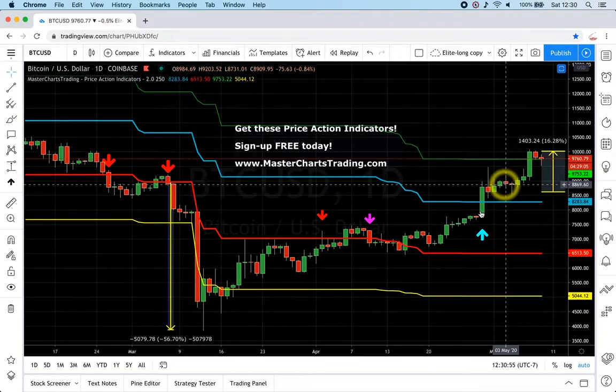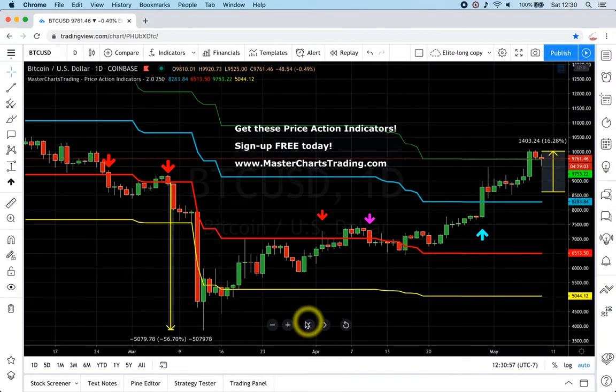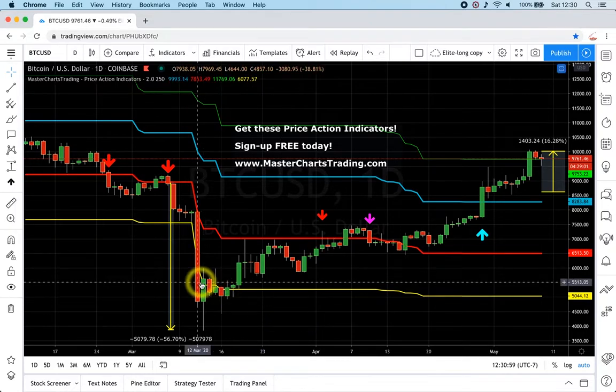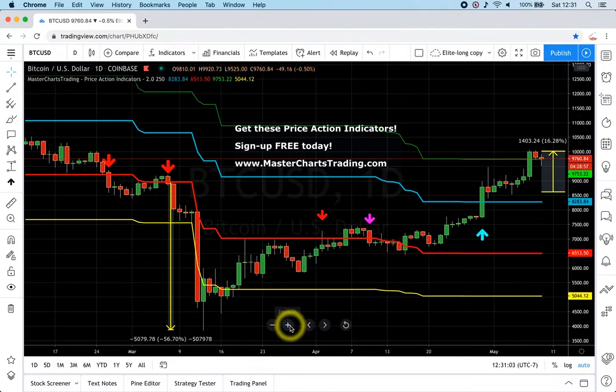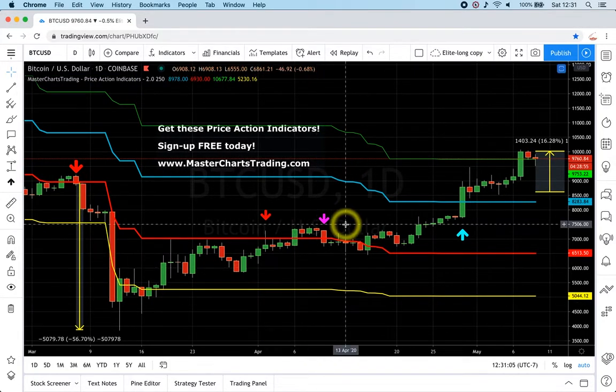And to wrap things up, here is Bitcoin. So Bitcoin, up until very recently I was bearish on Bitcoin. Now I am bullish on Bitcoin. And you need to understand that in the stock market and in trading and market in general, you cannot be married to one idea or the other. You need to be extremely flexible. A few weeks ago I was bearish, yes.